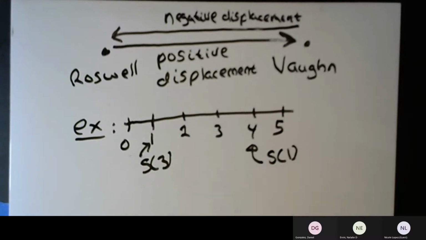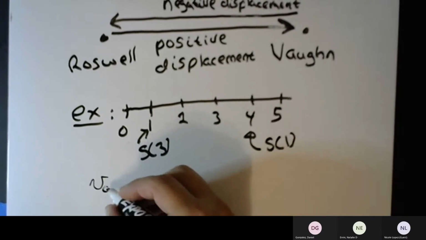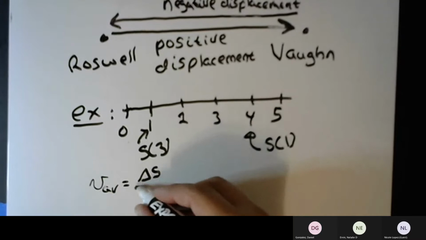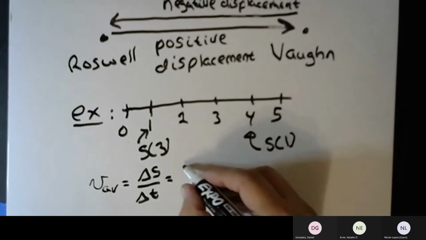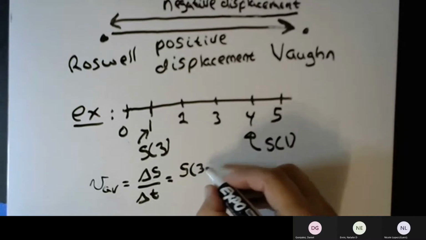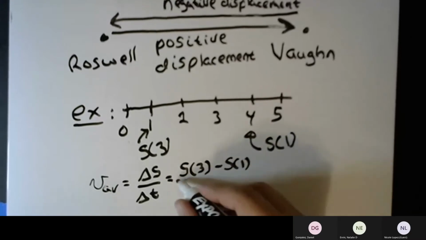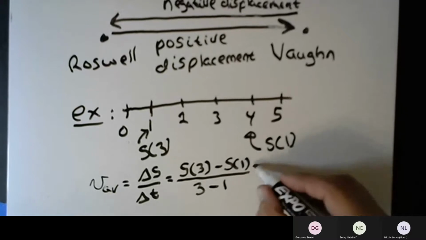So if we were to calculate an average velocity, we get delta S over delta T, or S3 minus S1 over 3 minus 1.